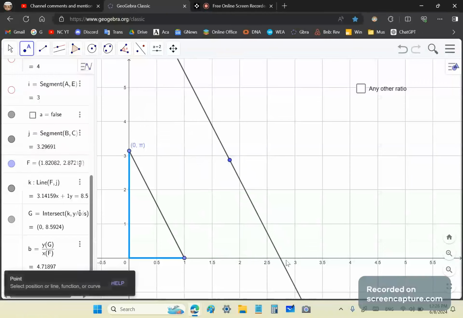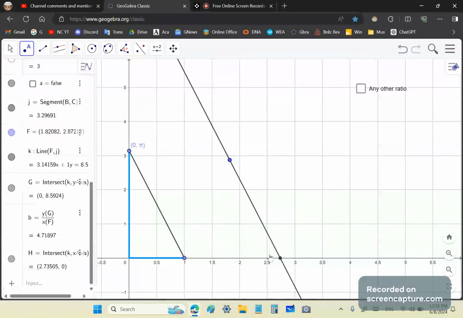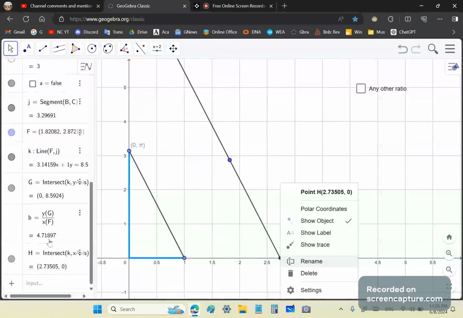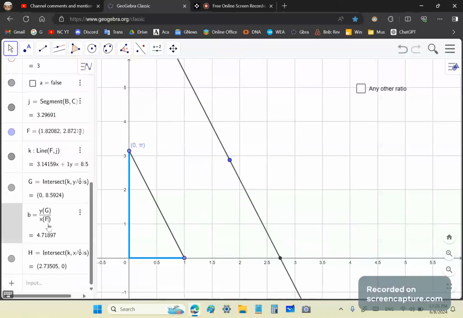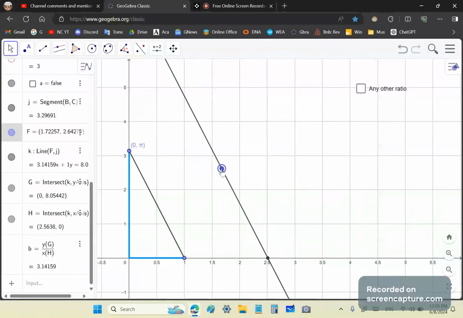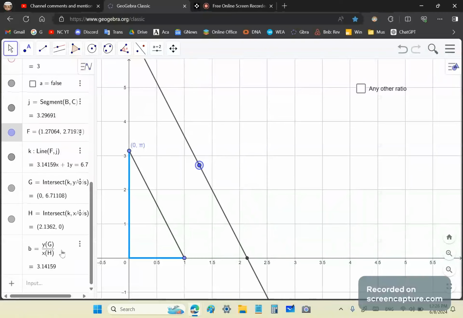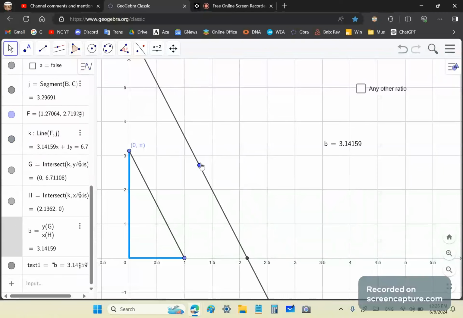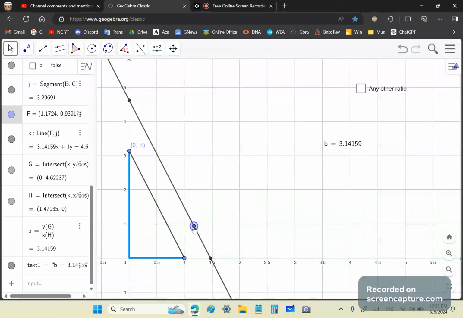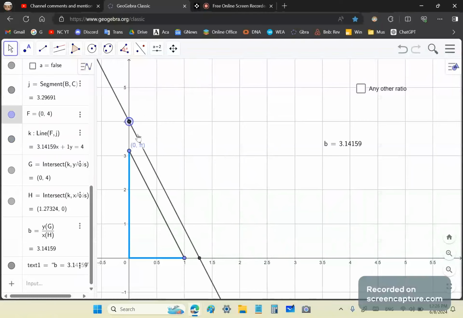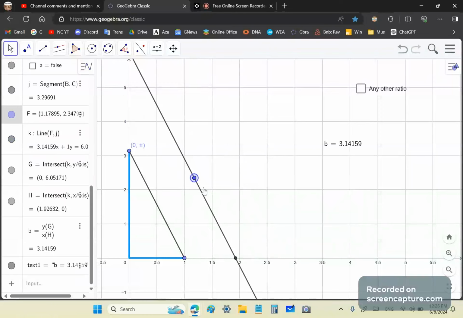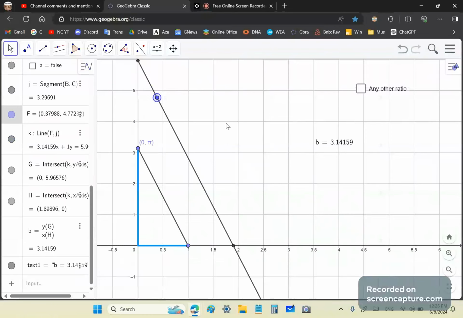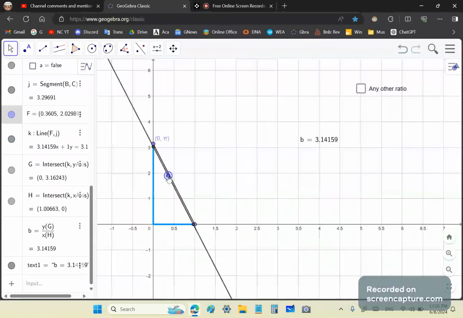I could put that point there, and then this will be h, and all I'll do is I'll say x of h, and it'll always be correct. Okay, so there you go. You see there? Here's this value. Okay, it's always that value. So you could represent pi as a failed measure of 4 to this distance here, or anything else you like, okay? Any parallel line to that will represent pi.